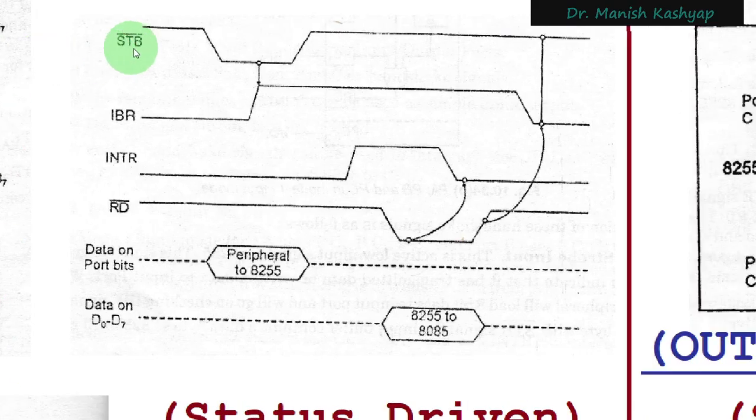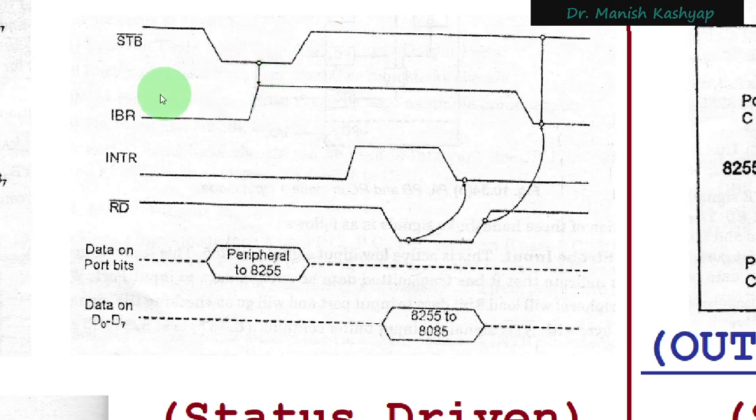So you can see that the first signal that goes on is this strobe signal. Strobe signal is on, and the data is put from the peripheral onto the 8255 IC. So that's what has happened here, and this has triggered this arrow that you see.